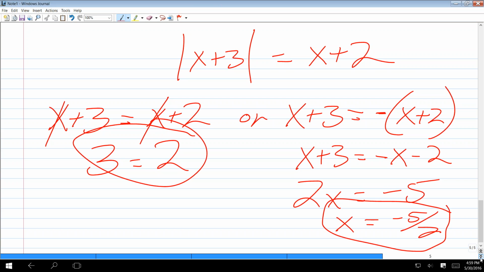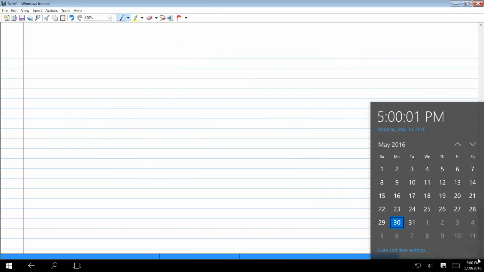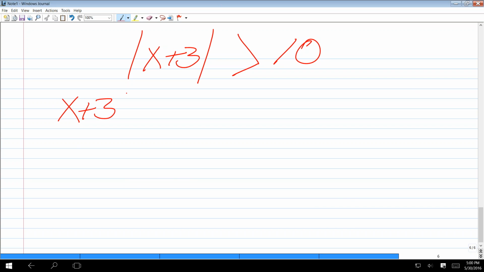Now, let's deal with the hardest part, and that's absolute values with inequalities. Something like that. Well, you do a very similar thing as you would to solve an absolute value equation. You're going to say x plus 3 is greater than 10.